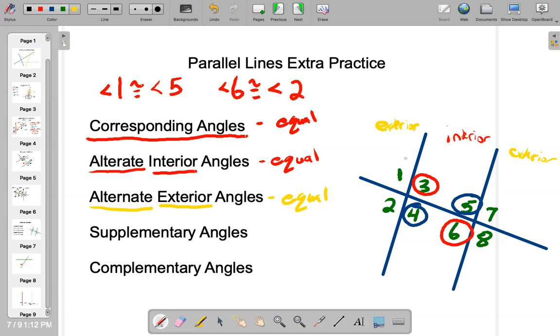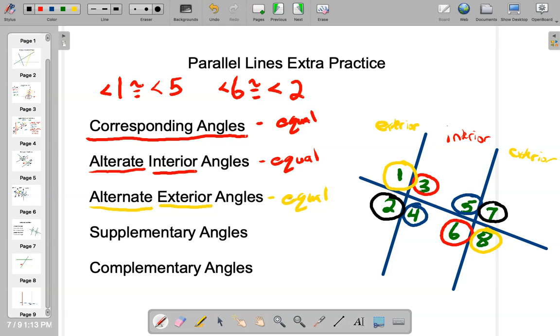Kind of sensing a pattern here. So if I wanted the alternate exterior angle for angle 1, it'd be on the opposite side, but on the outside. So that would be 8. And then if I wanted to do the alternate exterior angle for 7, that would be angle 2. And that means they are also equal to each other.